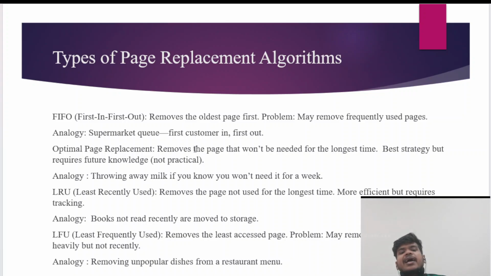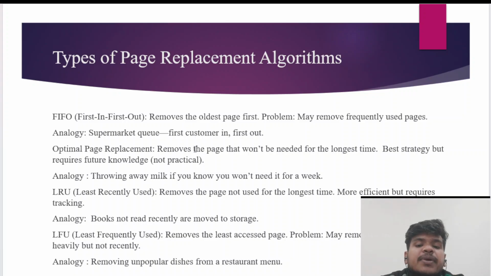Because if a customer has arrived first at the cashier, then he will obviously go out first. Then what are the problems that may arise with first in first out? The first and major problem is that it may remove frequently used pages and reduce efficiency, right?